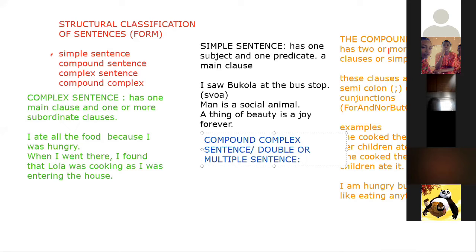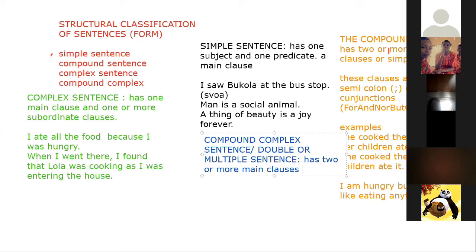So now you can write: a compound complex sentence has two or more main clauses, and at least one subordinate clause. Do you understand it?